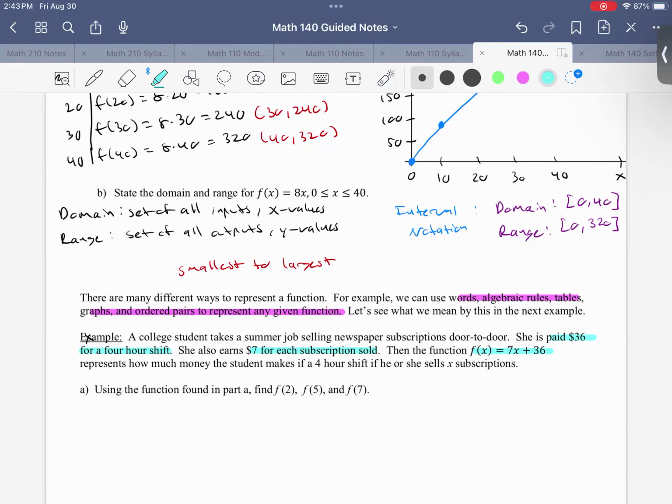And remember that x is subscriptions, and output is dollars. Output, same thing as y.